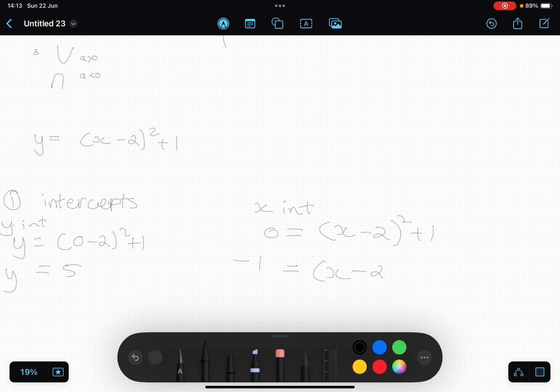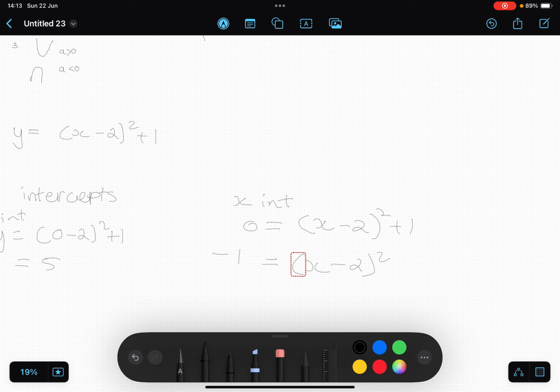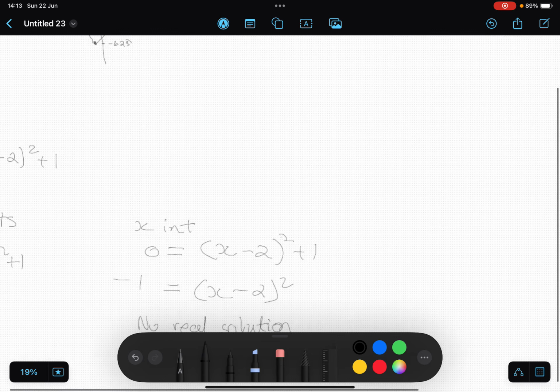If you have a look at this, can any value be squared and be negative? No, that is impossible. So that means we're going to have no real solutions here, only non-real solutions, which means basically we have no x-intercepts on this graph.